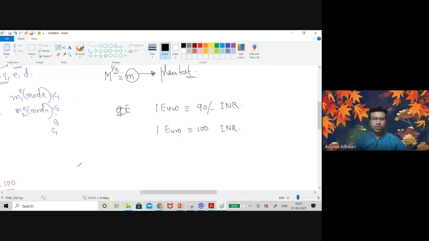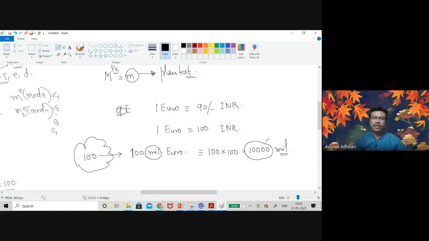So that guy who has given 100, it actually means 100 million euro. We are not using the term million; 100 means million. So in Indian rupees it will be 100 into 100, that means 10,000 million. But we will encrypt 10,000.